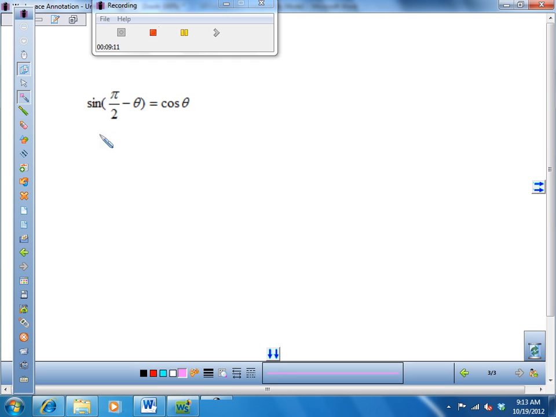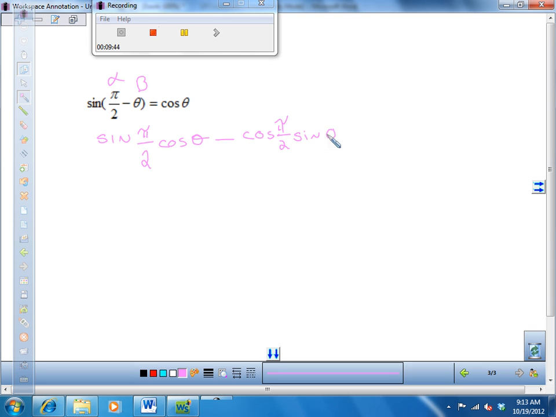I'm going to use the sine subtraction formula, which is sine alpha cosine beta minus cosine alpha sine beta. Okay, so this is alpha here, this is beta. Right? So this would translate to sine of pi over 2 cosine of beta minus cosine pi over 2 sine beta.